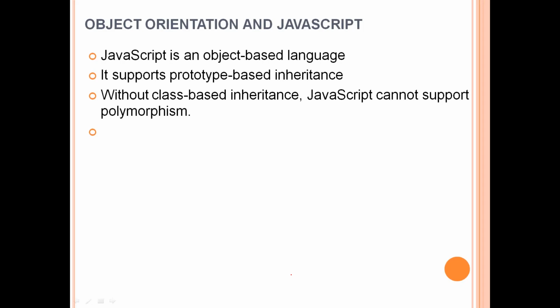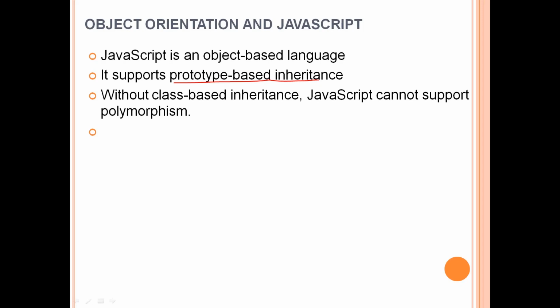Object orientation and JavaScript. As I've said, I can say JavaScript is not object oriented, but it is an object based language. JavaScript supports prototype based inheritance. This is different from the class based inheritance which we have in other languages like Java, C++, and C#. JavaScript supports prototype based inheritance because we cannot declare a class in JavaScript.